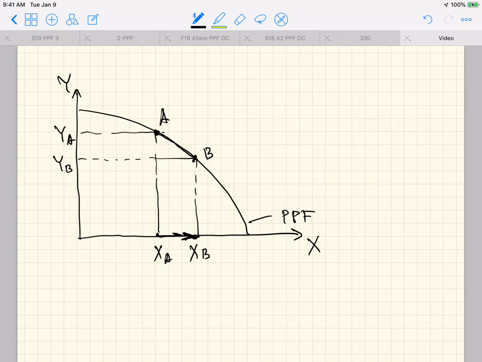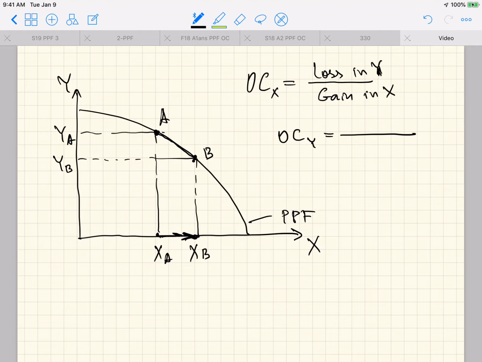The last thing we want to do here when calculating opportunity cost is to calculate the ratio of the loss to the gain. So the loss always comes on top, loss in good Y, if you're measuring opportunity cost of good X, divided by gain in the amount of good X. If you're calculating opportunity cost of having more of good Y, then things pretty much flip.